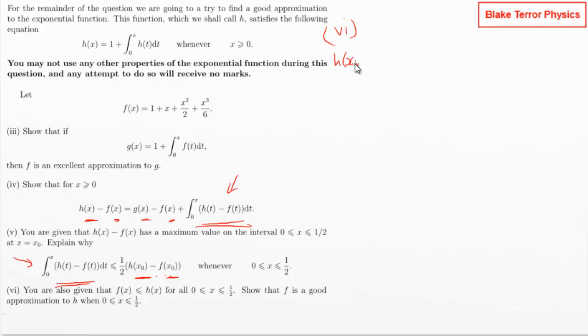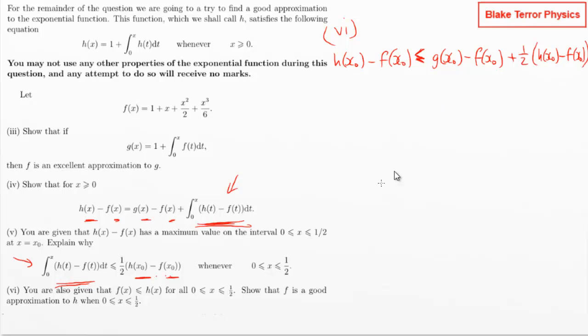So h of x0 minus f of x0 is equal to g of x0 minus f of x0. And then we've got this thing, which is not going to be equal anymore, because this is less than or equal to that. So we turn this from an equals into a less than or equals there, and then add on a half of h of x0 minus f of x0.